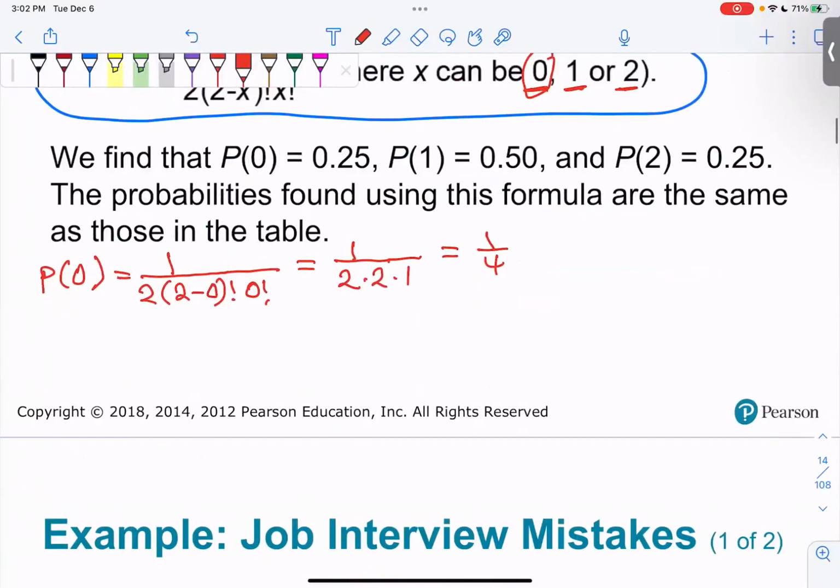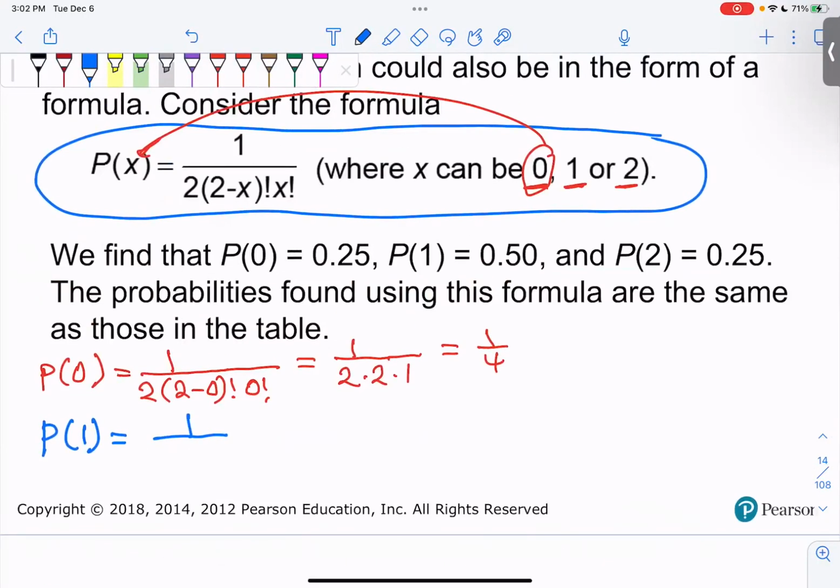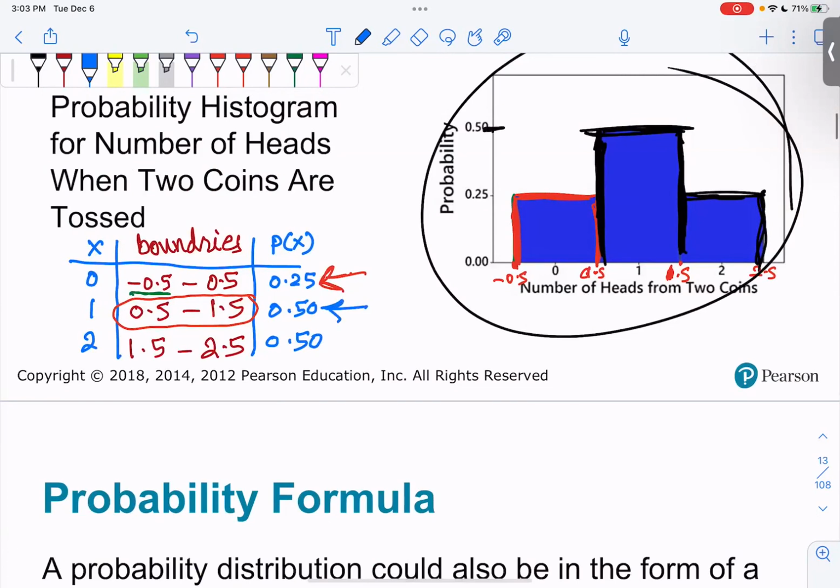And then the second one, if we plug 1 into this formula, it will be 1 divided by 2, and then 2 minus 1 is 1, and then we have 1 factorial equal to 1, so 1 divided by 2 times 1 times 1, which is equal to 1/2, which is exactly the same value here, right?